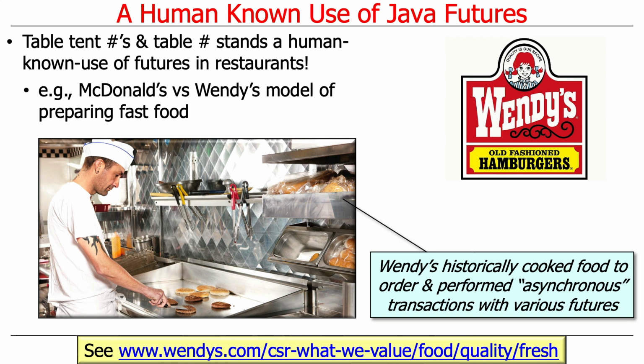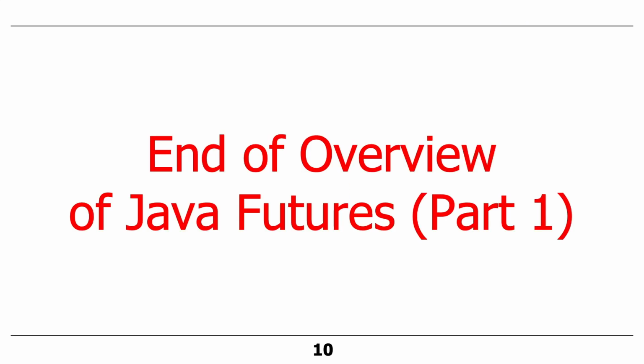And then you would go off and do something else, like surf the internet or read a newspaper back when we read newspapers, or talk to your friends, whatever you would do. And then when your food is ready, it would be redeemable somehow. We'll talk about how that could be redeemed. So what you would get back would be a future.